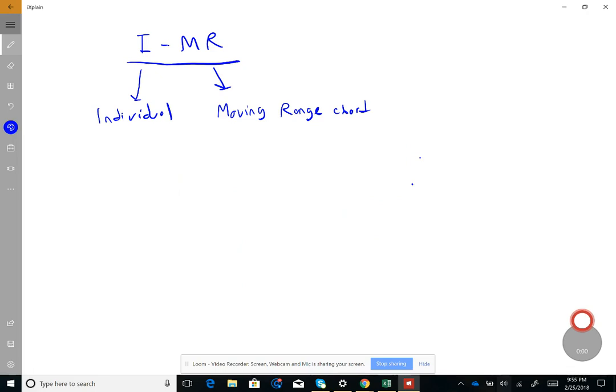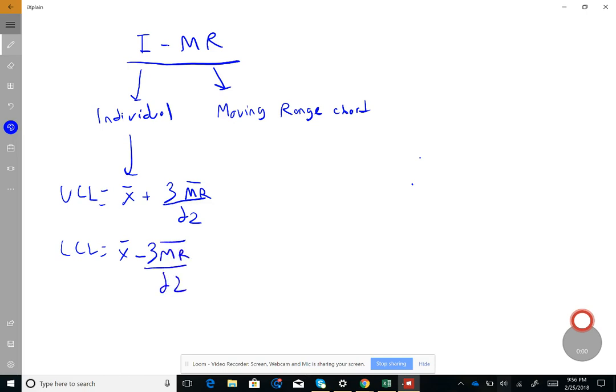The control limits for the I chart are different from the control limits for the MR chart. For the individual chart, the way that we calculate the upper control limit is X bar plus 3 MR bar divided by D subscript 2. And the lower control limit is X bar minus 3 MR bar divided by D2.